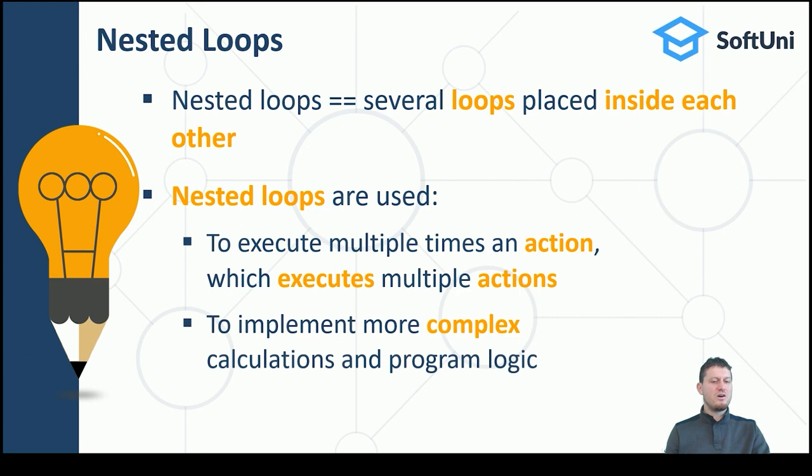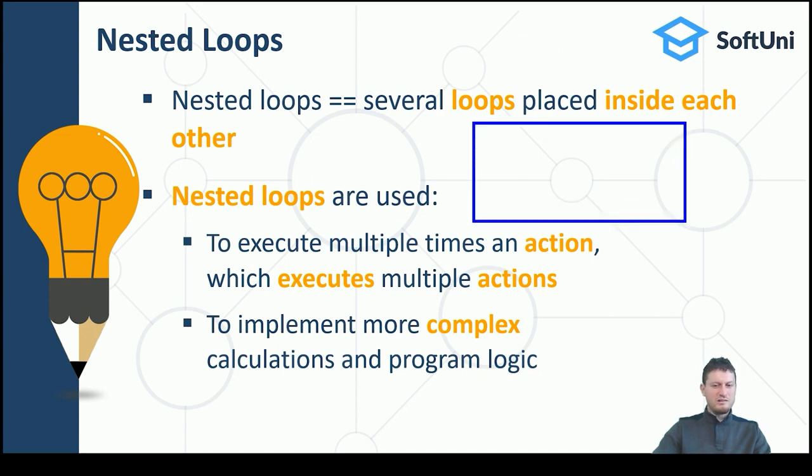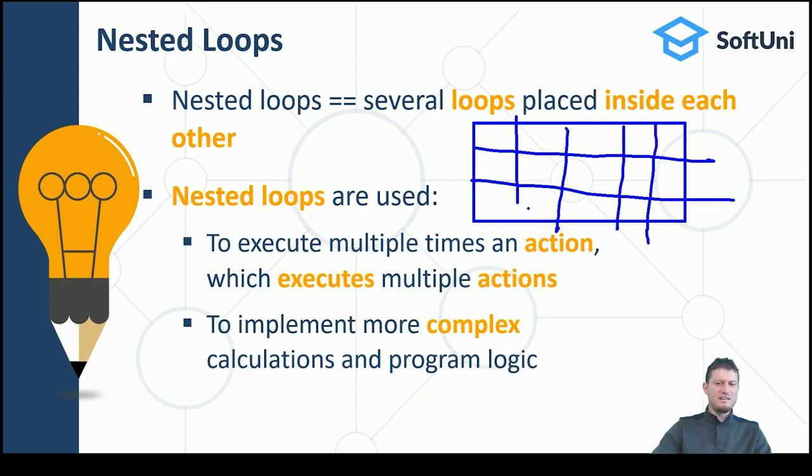So we sometimes need to implement more complex calculations and program logic, and we may need nested loops. Usually, when we have a table holding rows and columns, we need nested loops. This is a very common indication. If we need tabular data, tables, we need nested loops.